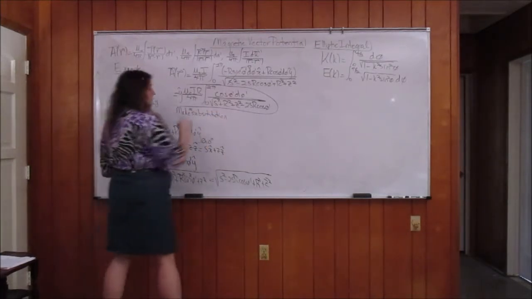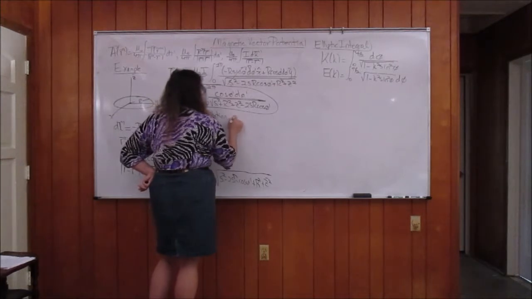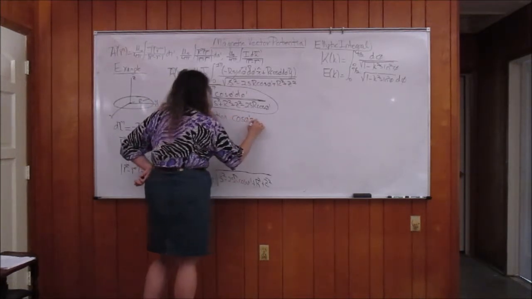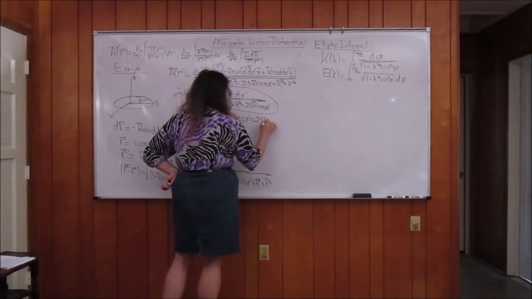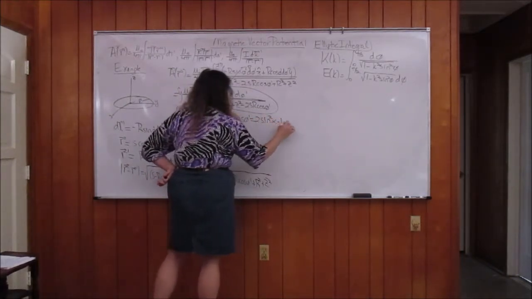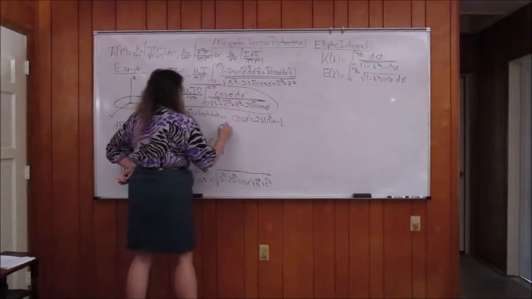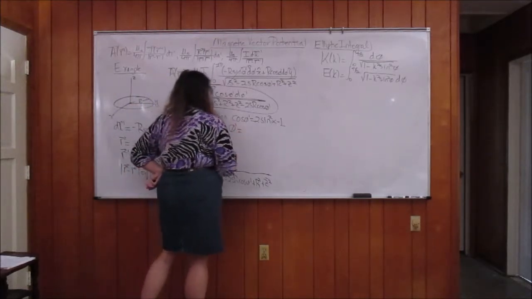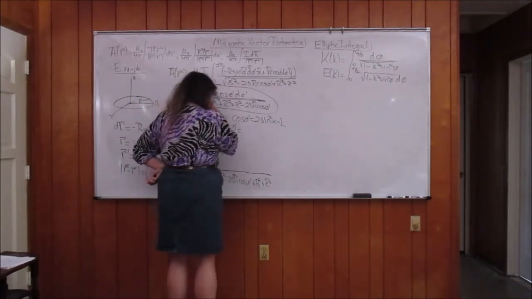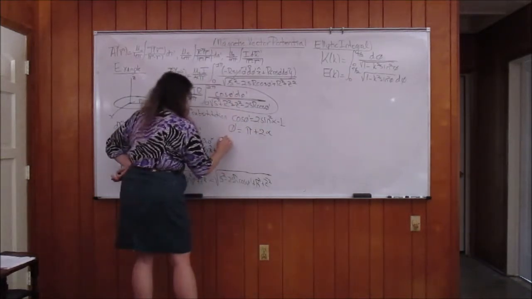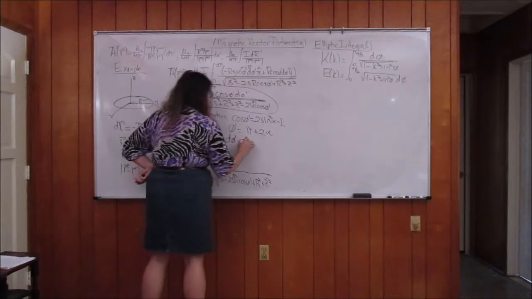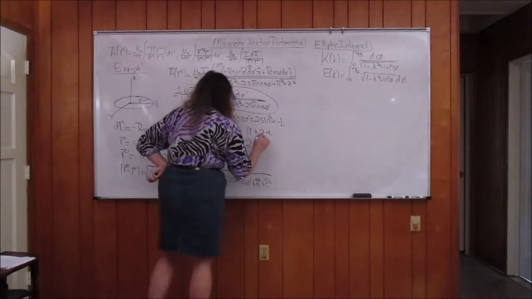A substitution. And we'll say that cosine phi prime is equal to 2 sine squared alpha minus 1. Phi prime is equal to pi plus 2 alpha, and consequently d phi prime is equal to 2 d alpha.